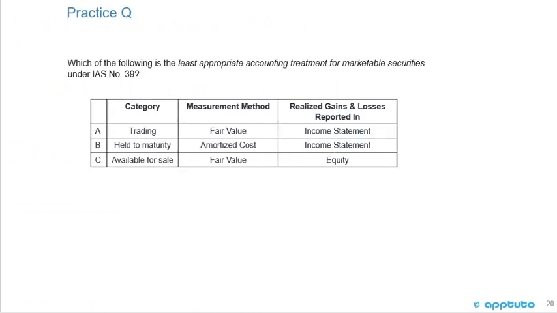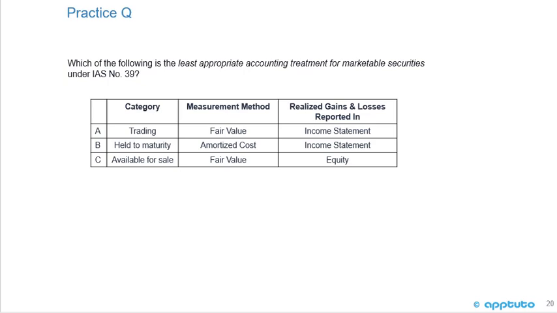So a quick practice question to test on that last concept. Which of the following is the least appropriate accounting treatment for marketable securities under IAS number 39? So we have three columns here: category, measurement method, and the third column is realized gains and losses reported in. So A, the category is trading, the measurement method fair value, and the realized gains and losses reported in income statement.